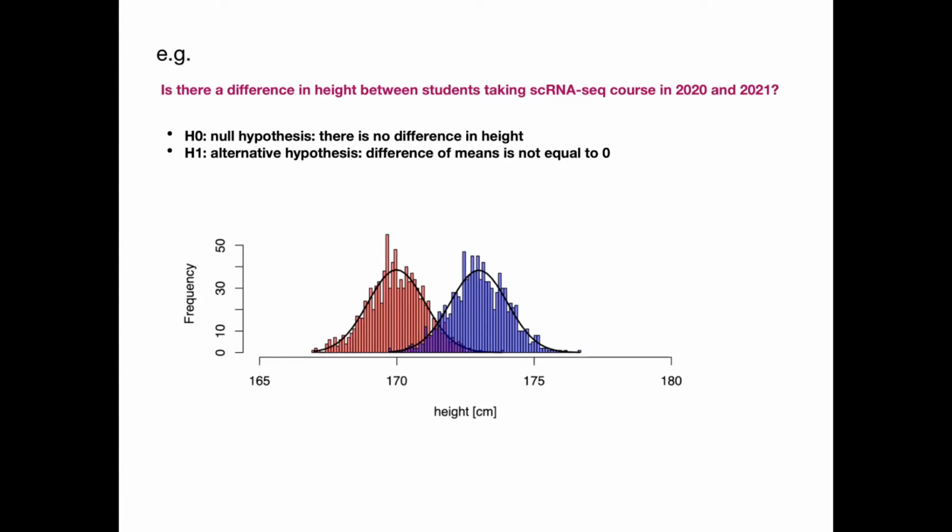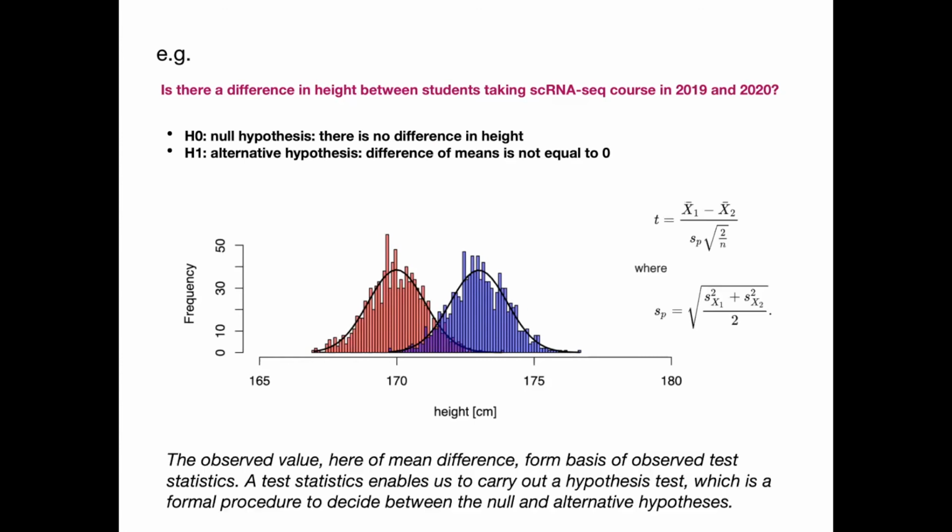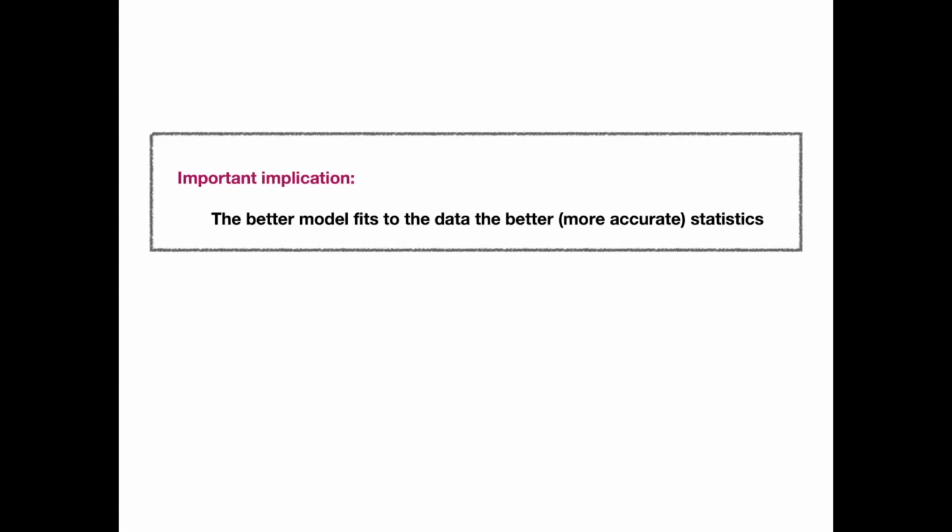And we can decide what kind of tests we want to do. In this case, we have really nicely normally distributed values, so we can use a t-test and calculate the significance of the overlap of these two distributions. So the better the model fits your data, the more accurate the statistics is.